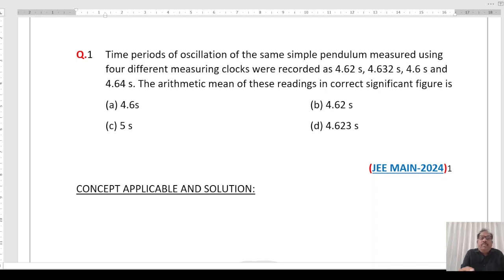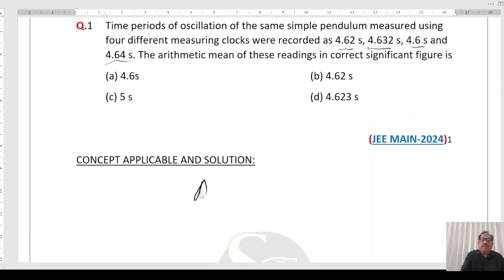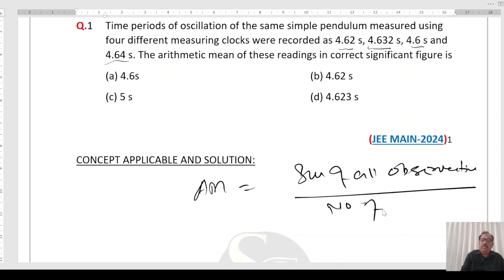Question is: time periods of oscillation of the same simple pendulum measured using four different measuring clocks were recorded as 4.62 seconds, 4.62 seconds, 4.6 seconds, and 4.64 seconds. The arithmetic mean of these readings in correct significant figures is? Now, the arithmetic mean will be equal to the sum of all observations divided by the number of observations.